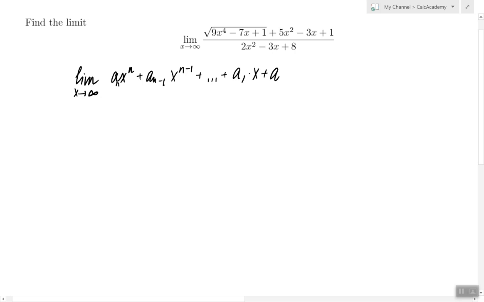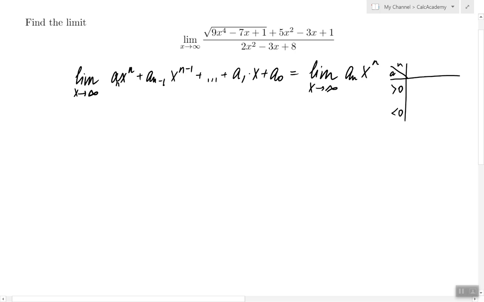So no matter what polynomial you start with, this whole limit will be exactly the same as the limit of this power function. And the limit of the power function depends on whether n is even or odd and whether a is positive or negative.